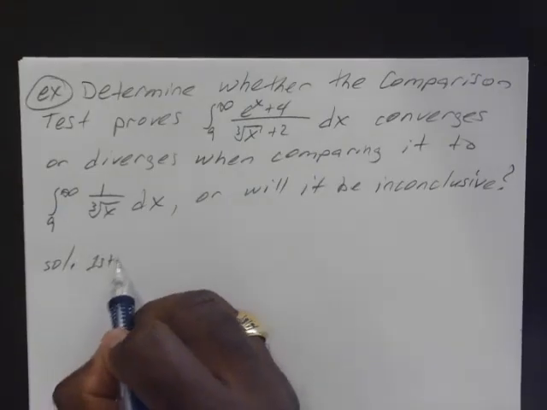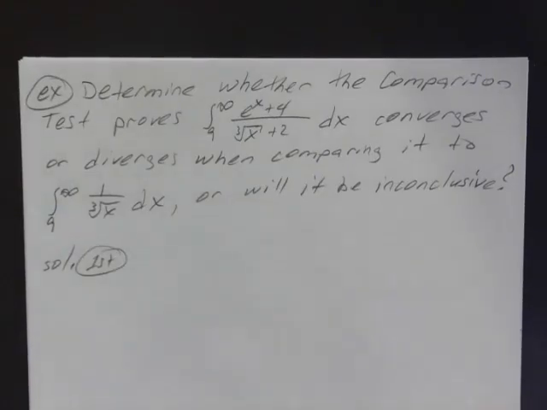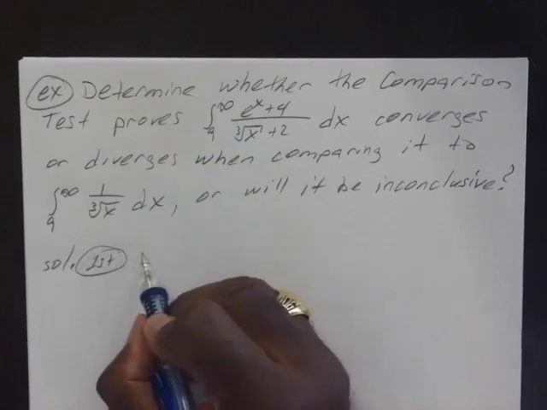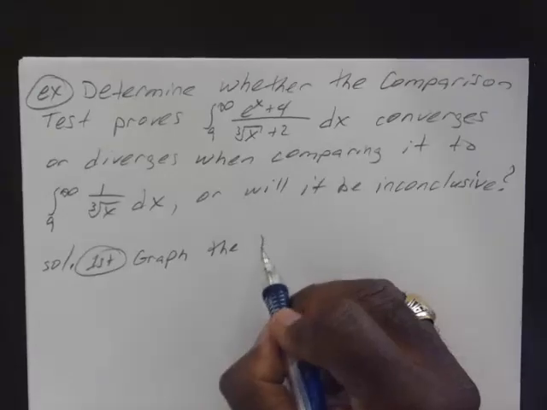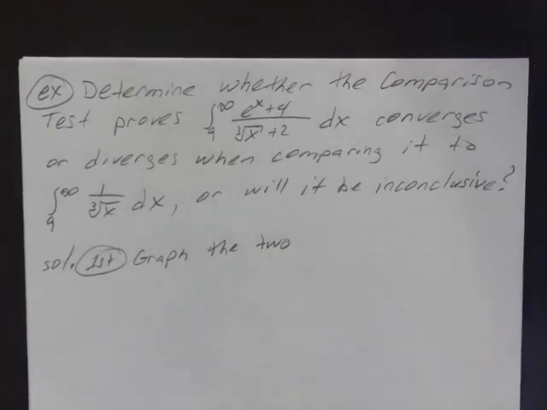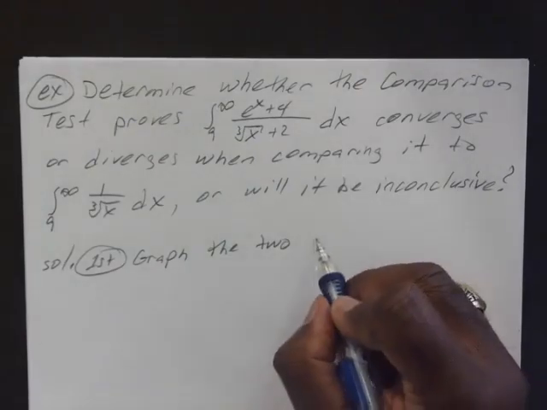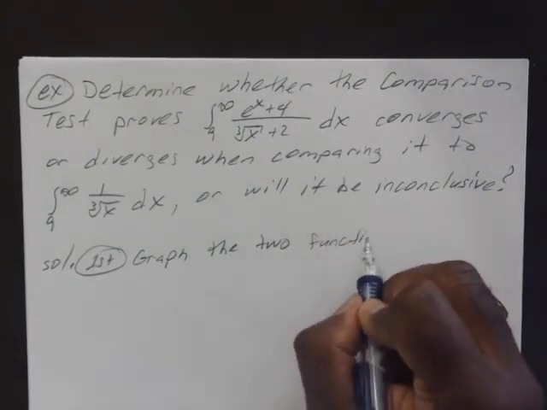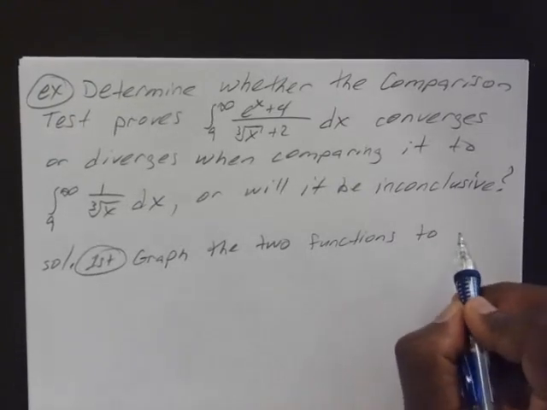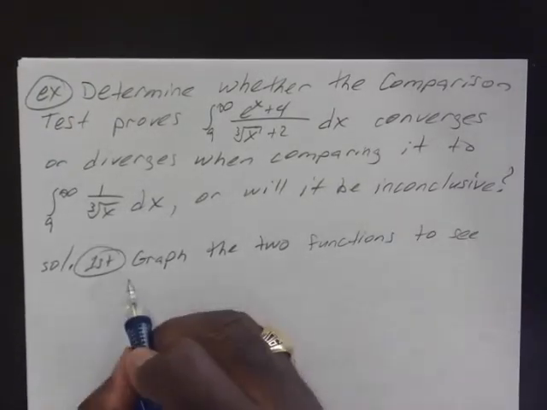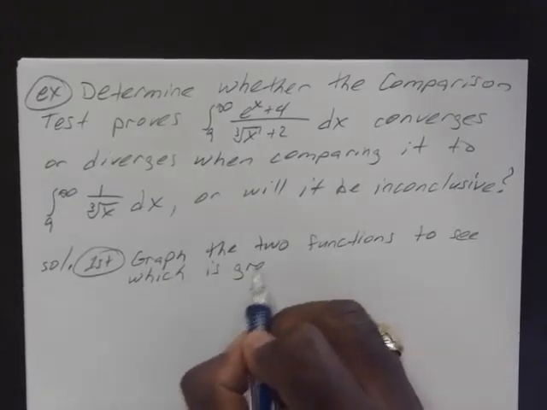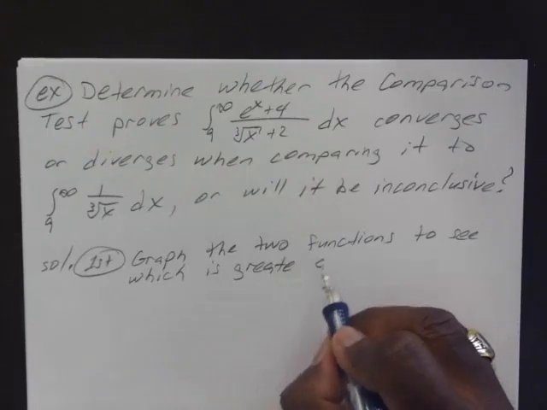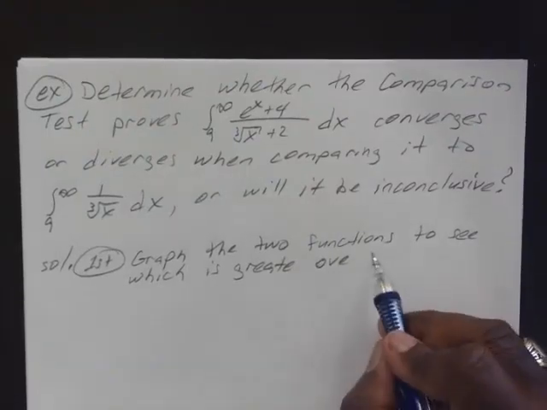So with these two, the first thing I would recommend doing is graphing the two functions. And you can do that using Desmos or your graphing calculator. To see which is greater over the interval from 9 to infinity.